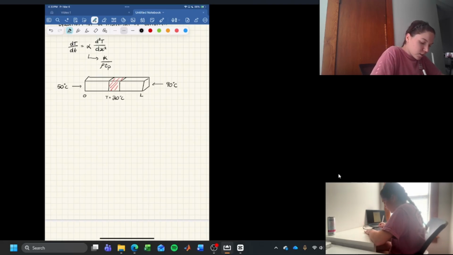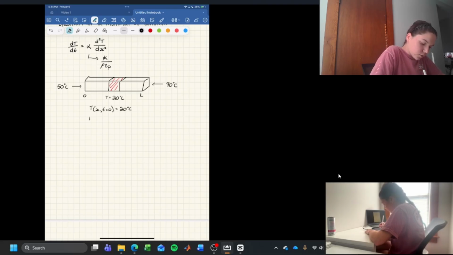So we can write that T, where x is any position along the rod, initially, so t is equal to 0, is 20 degrees Celsius, because that's the initial condition.